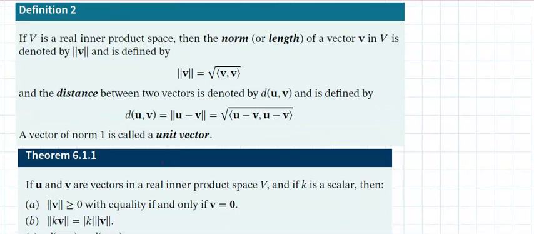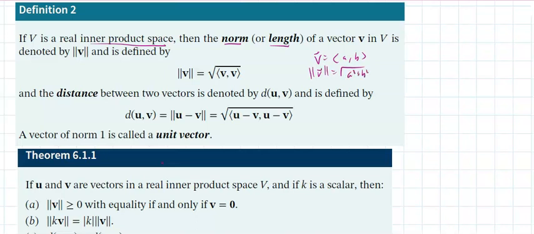Let V be an inner product space. Then the norm is nothing more than the length, and we know how to find the length of a vector, right? If I had vector v being (a, b), then the norm of that is simply the square root of a squared plus b squared.